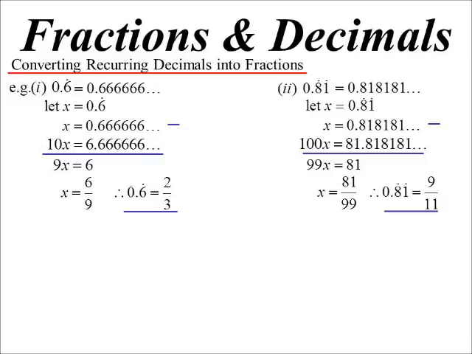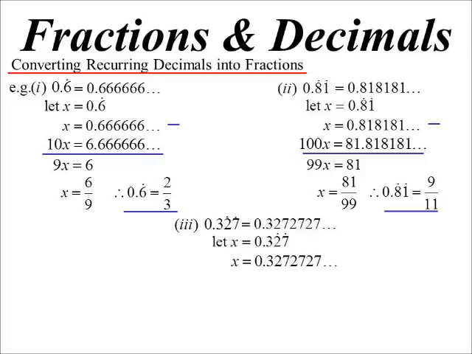Okay. And then we have ones where not all the numbers repeat. 0.327, but only the 2 and 7 are repeating. So 0.3, 27, 27, 27, 27. So we'll let x equal that. Again, there's two numbers repeating, so I'll multiply by 10 squared or 100.